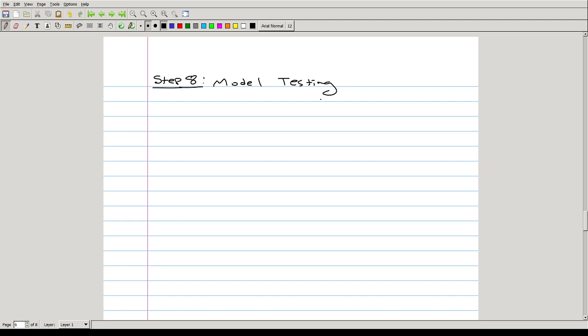And this is the meat of this process, because it's probably the most difficult and also the most rewarding part of this process. It's finding solutions to the model from step 7.